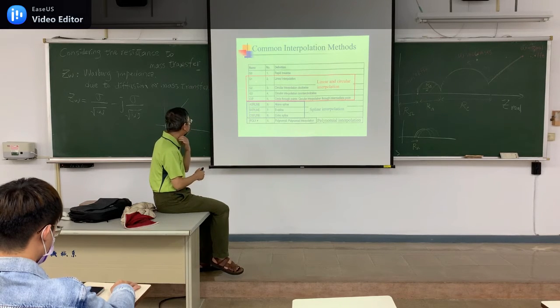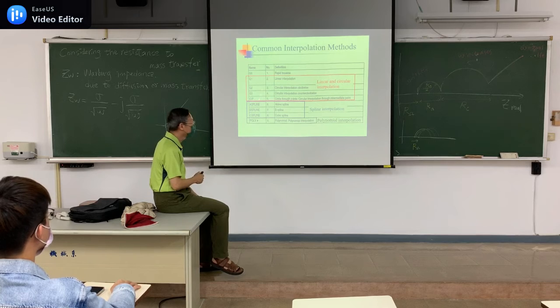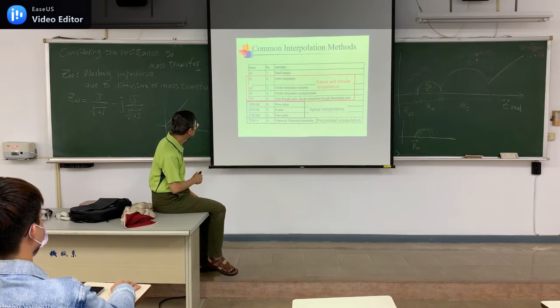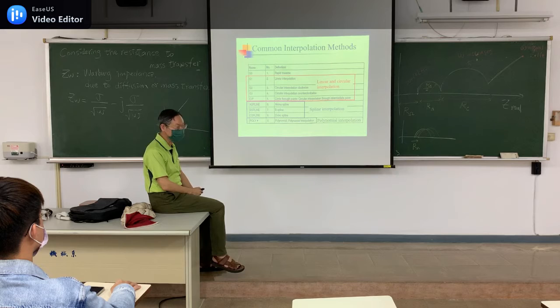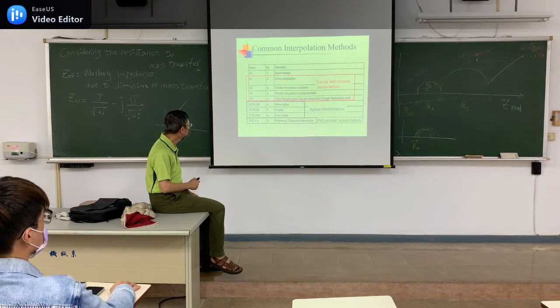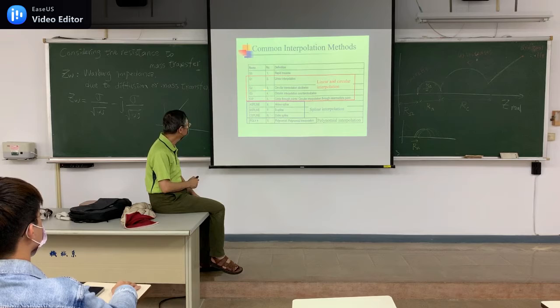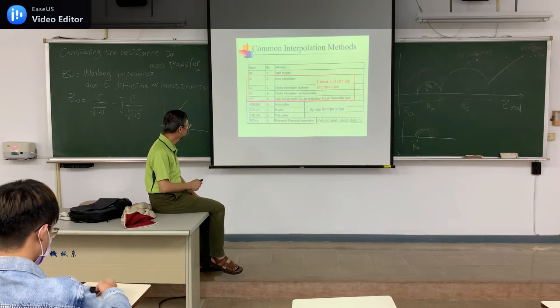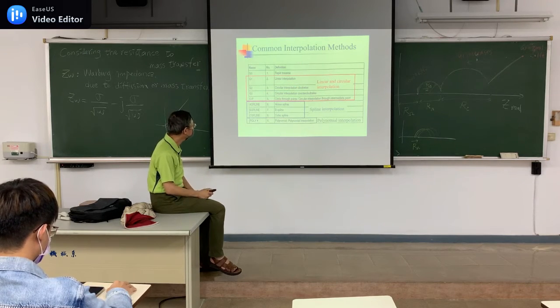For the G code, it's called G1, and G2, G3 is for circular. G1 is for linear, from one point to another point. G2 and G3 are circular. G2 is clockwise. G3 is counterclockwise.